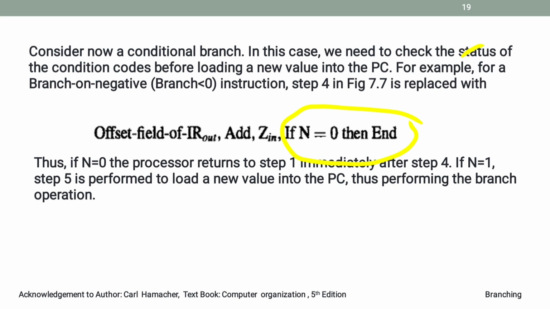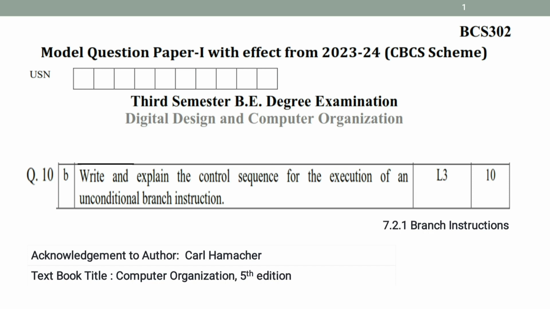With the 5 steps of control sequence we discussed, that was for unconditional, and if we add this to the 4th step, the whole discussion will be for conditional branch instruction execution. So that is the completion of the discussion for this question.